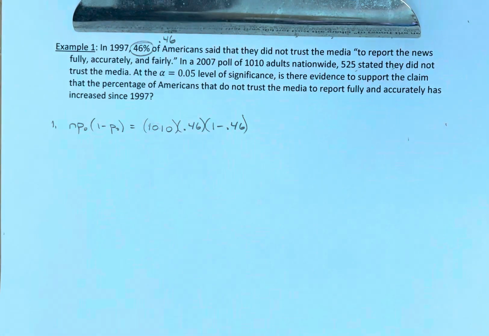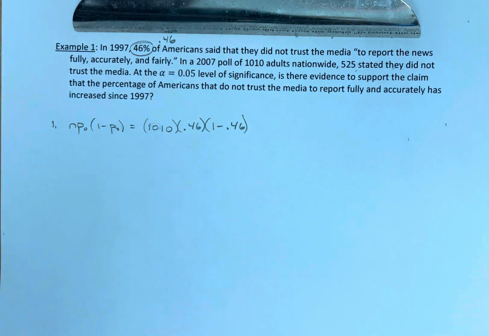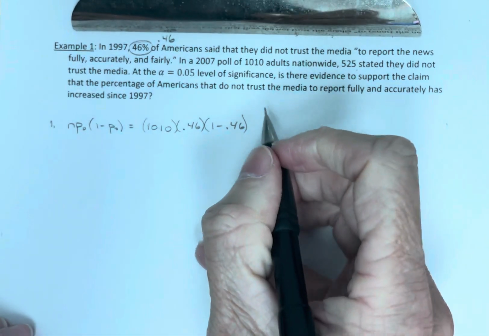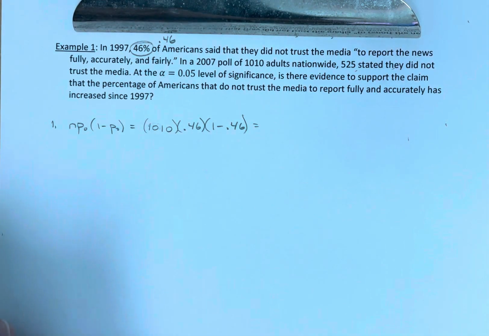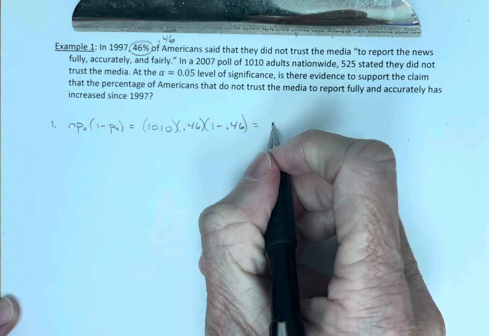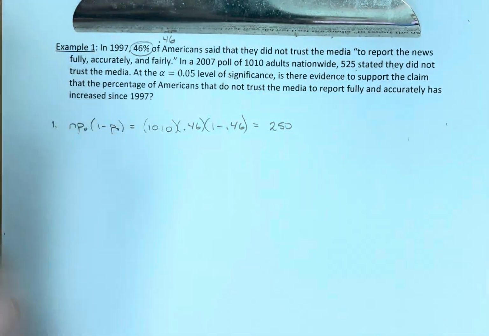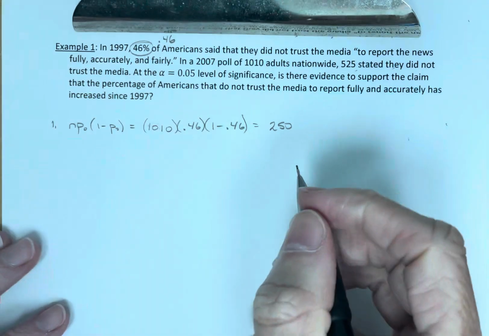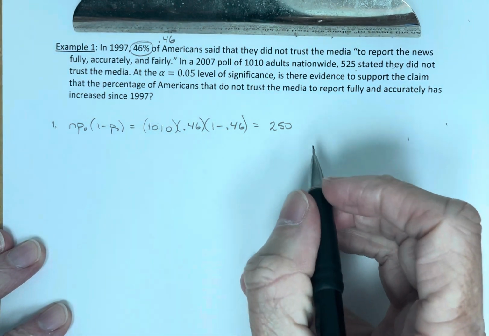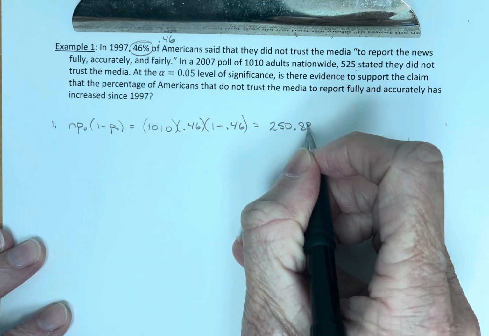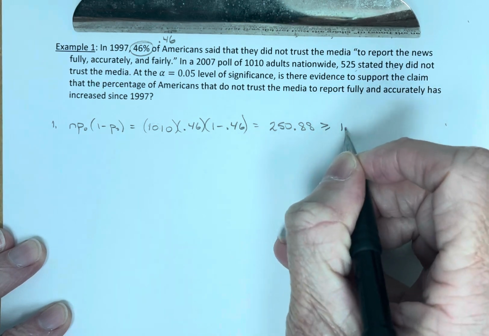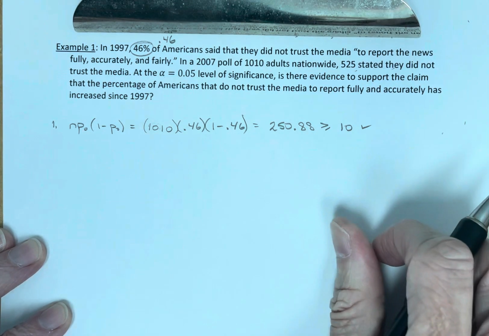Give me just a moment, as I think I calculated the wrong value. So I'm going to calculate this for us. 1,010 times 0.46 times 1 minus 0.46, and we come up with 250.88. Well, that is certainly larger than or equal to 10, so that condition is good.